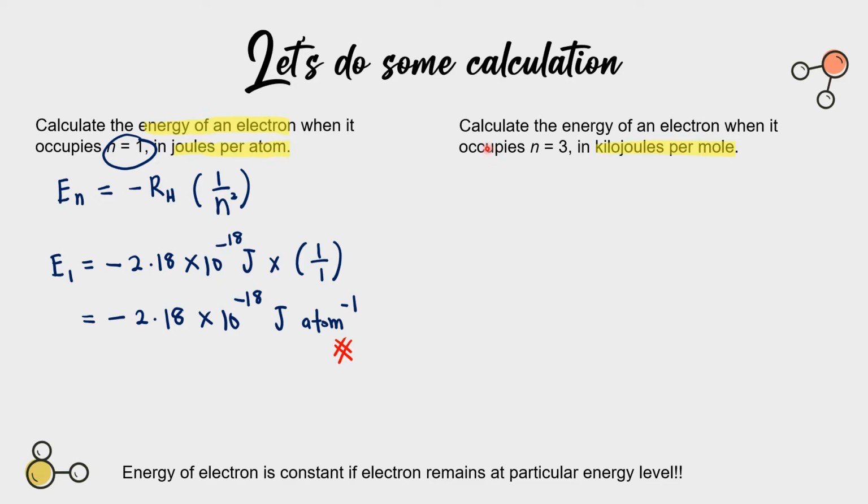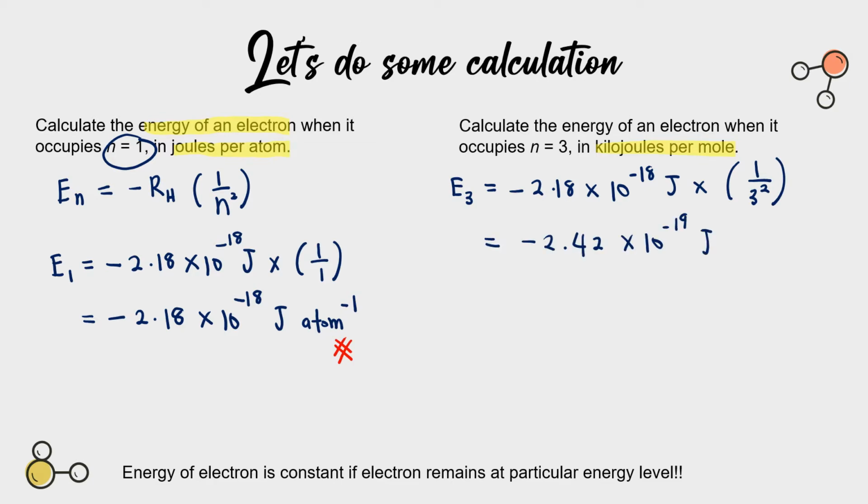In this example, you are going to calculate the energy of an electron when it occupies n=3 but in kilojoules per mole. For the first step, you have to use the same formula here to find the energy of the electron in joules per atom. And to get the answer in kilojoules per mole, you have to multiply with the Avogadro constant.